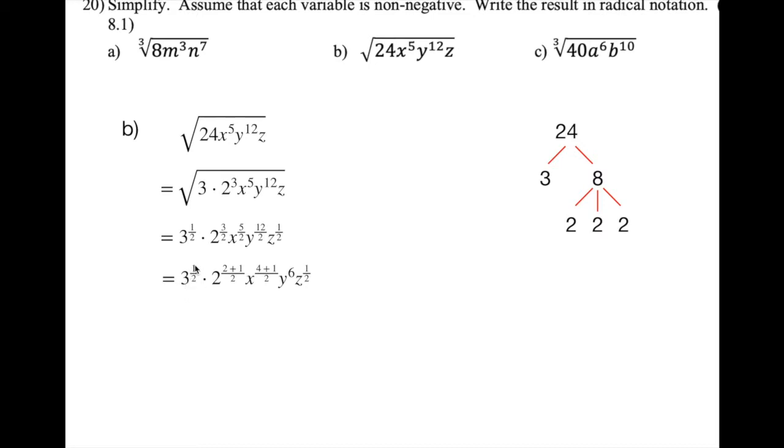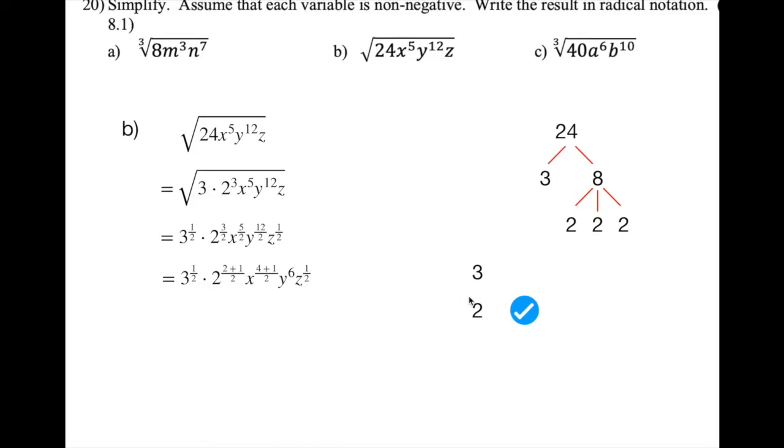3 raised to the power of 1 over 2, there's nothing much we could do for that. And then for the 2, its power is 3 over 2. 3 is not a multiple of 2. So we use the countdown method. We count from 3, then 2. 2 is good because 2 is a multiple of 2. So we rewrite this 3 as 2 plus 1.